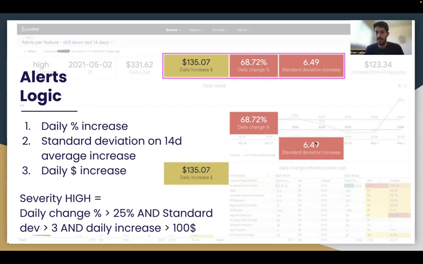And then we also want some standard deviation increase, to filter out some kinds of seasonality and scaling patterns. Whenever all three are high, this is what I call severity high, but other combinations could be medium or low.